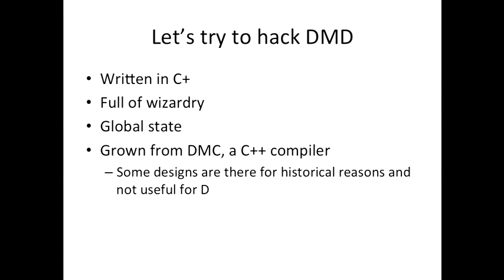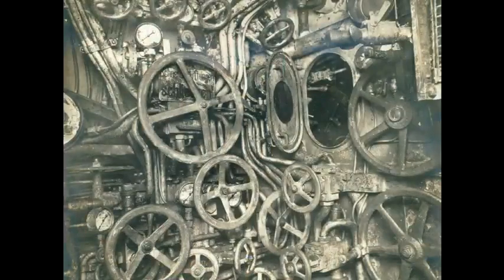Yeah, there is also plenty of weird stuff that comes from the fact that it evolved from a C++ compiler, and some design you wouldn't do that way, or at least I wouldn't do it that way if I would start directly writing a D compiler. So yeah, that is pretty much DMD.